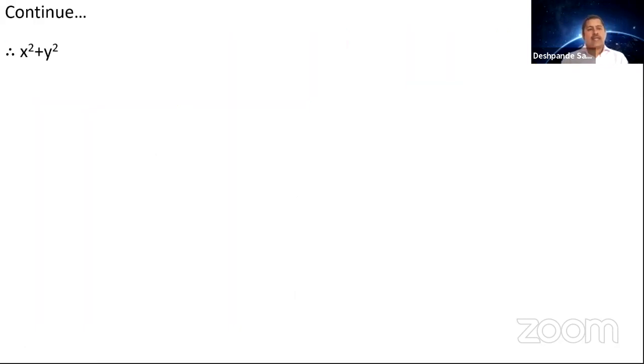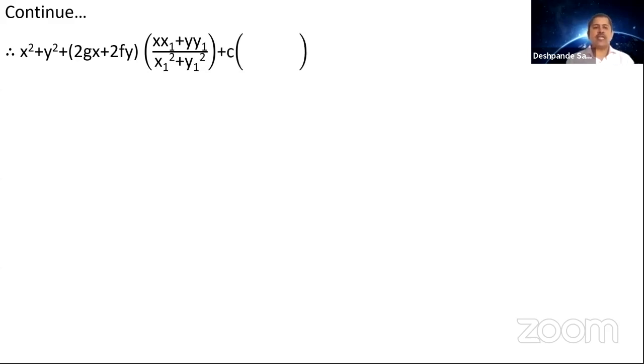So you see x square plus y square plus 2gx plus 2fy. Now see the step 1, you are writing it as (xx1 plus yy1) divided by (x1 square plus y1 square). Then c into ((xx1 plus yy1) by (x1 square plus y1 square)) whole square is equal to 0.